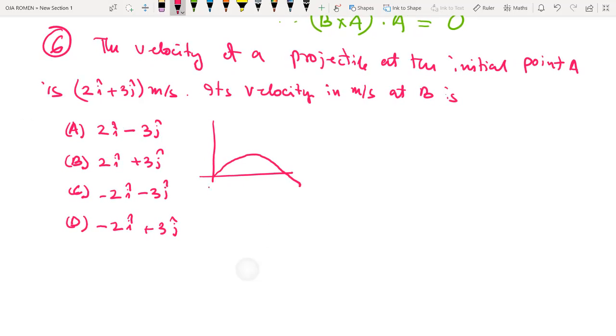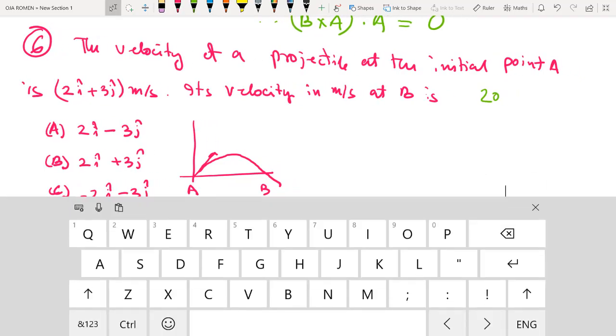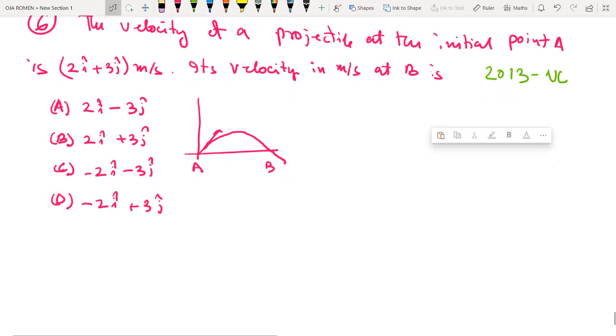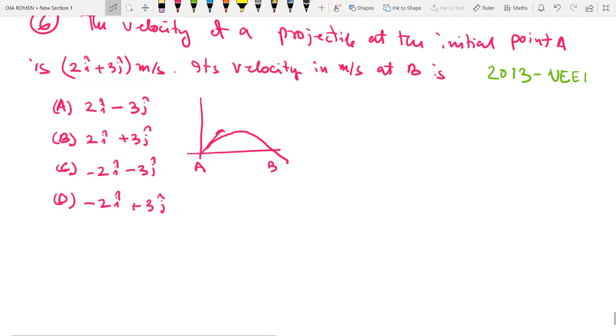So this point is A, this point is B. So this was asked in 2013 NEET. Now here, this is 2i, this is 3j.